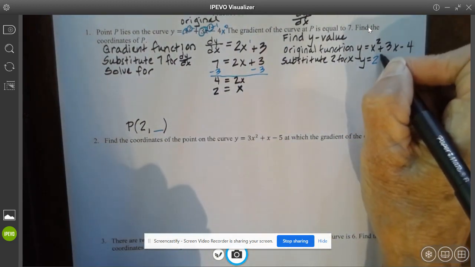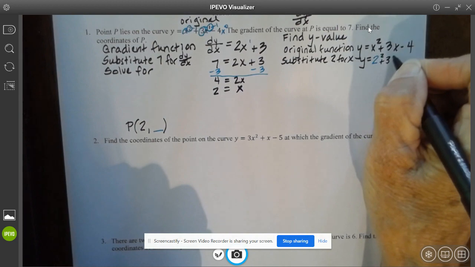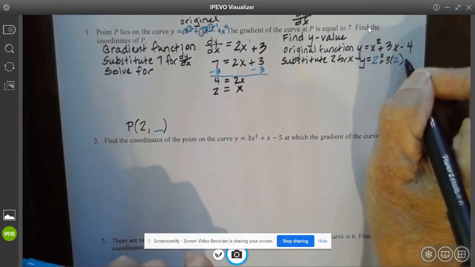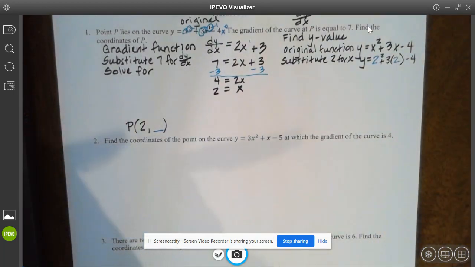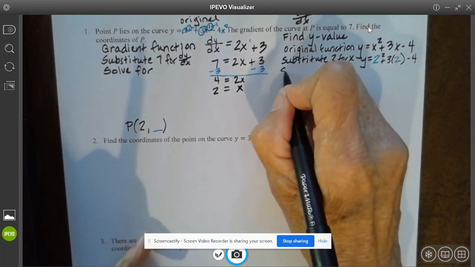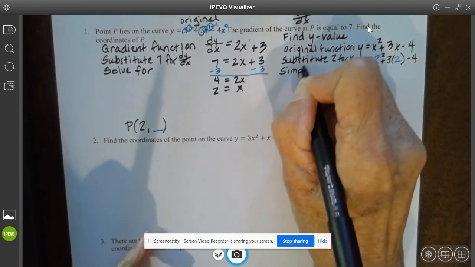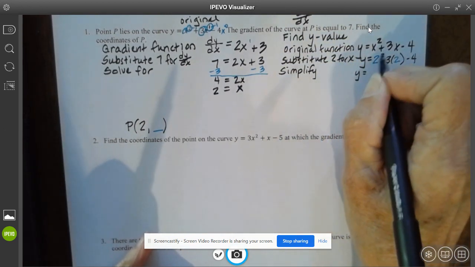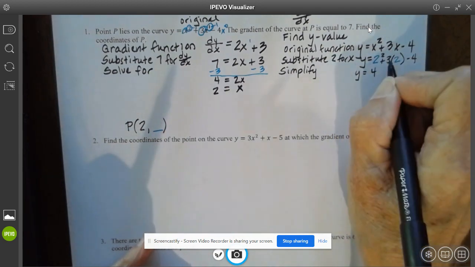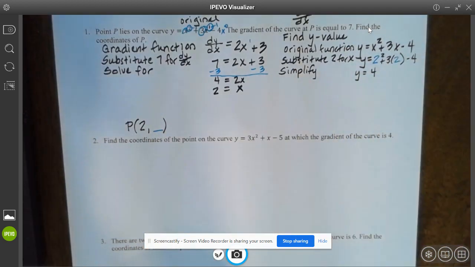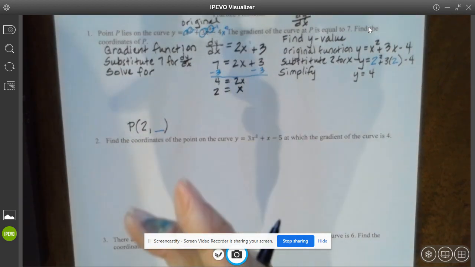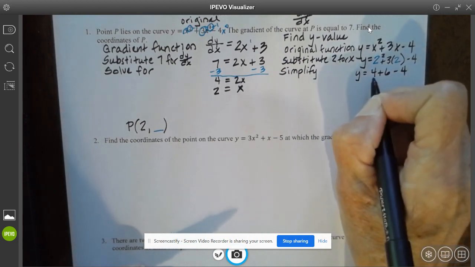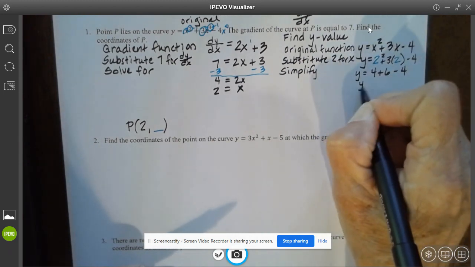So 2 squared plus 3 times 2 minus 4. And then we're going to simplify. So y equals 2 squared is 4, plus 3 times 2 is 6, minus 4. 4 plus 6 minus 4 is 6.